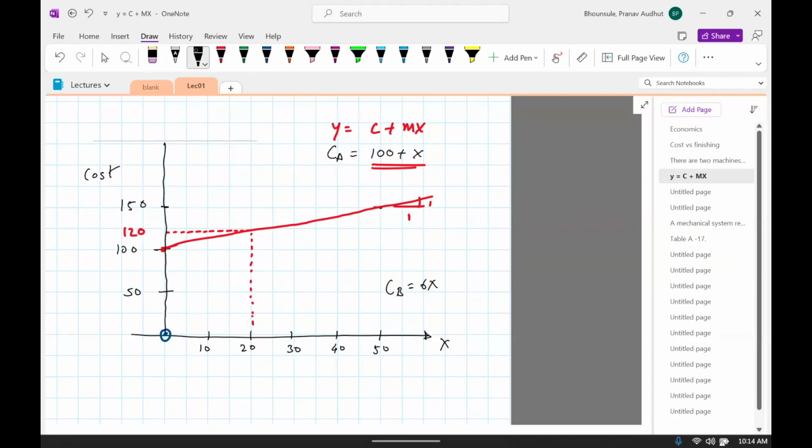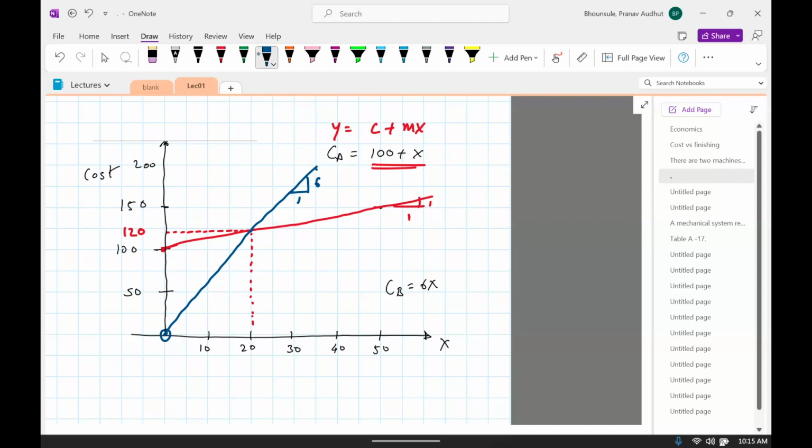Okay, so this is 150, so this will be 200 here. So when x equals 30, it should pass through 180. See, 180 is here. Okay, so this slope is 6:1.